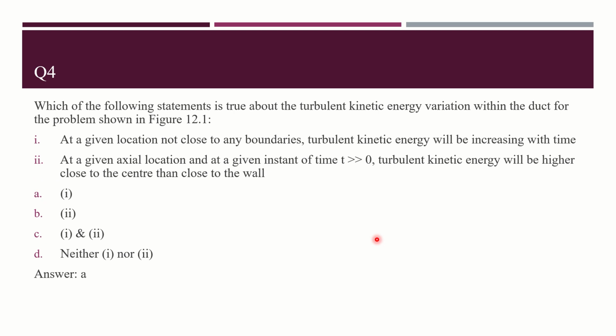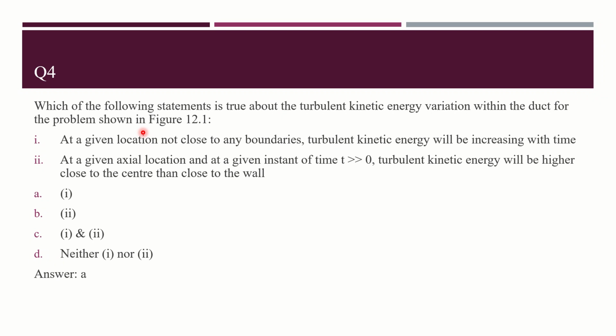In question 4, what is being asked? Which of the following statements is true about the turbulent kinetic energy variation within the duct for the problem shown in figure 12.1? It is asking which statement is true about the variation of the turbulent kinetic energy for this system, that is the flow through the rectangular duct.